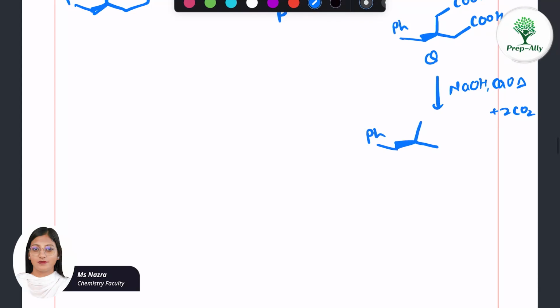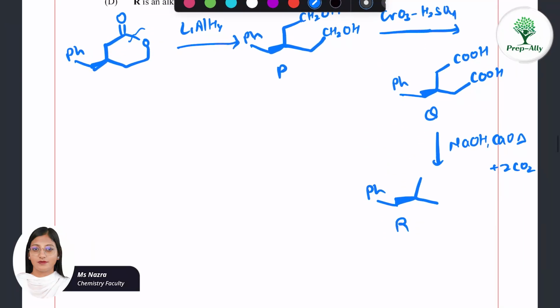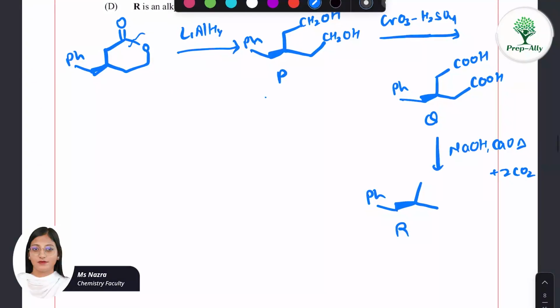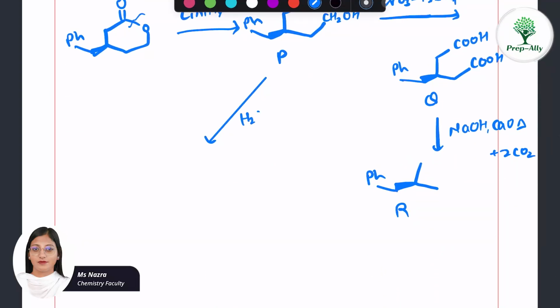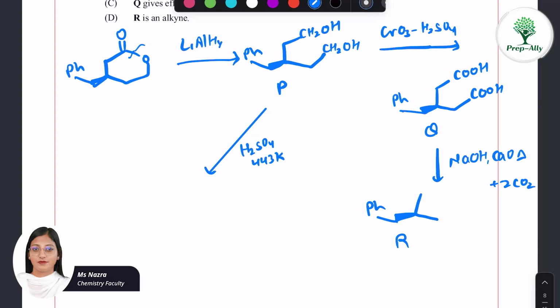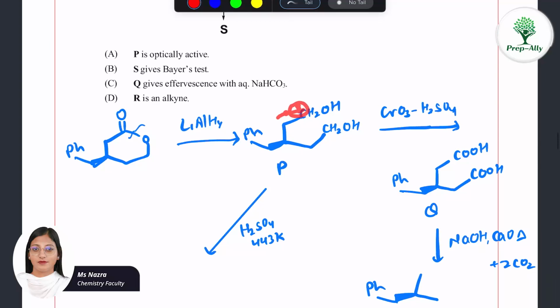Now this is your R. Now next, with the P, they are adding H2SO4 and heating it at 443 Kelvin. With H2SO4 addition, we know that it will be doing dehydration via carbocation formation there. So dehydration will result in the formation of a carbocation here, and this carbocation will shift to the secondary carbocation which is stable, and it will undergo dehydration and form a pi bond over here.